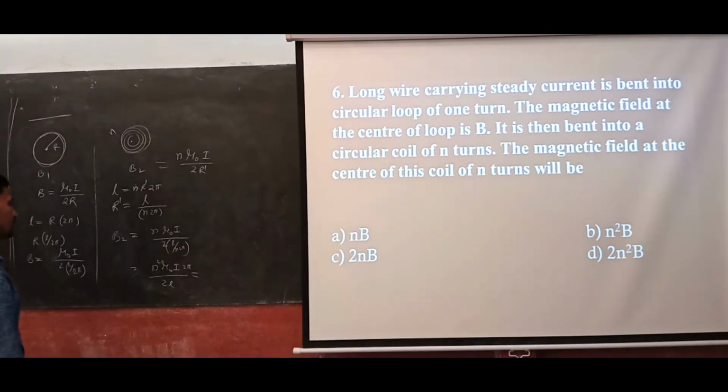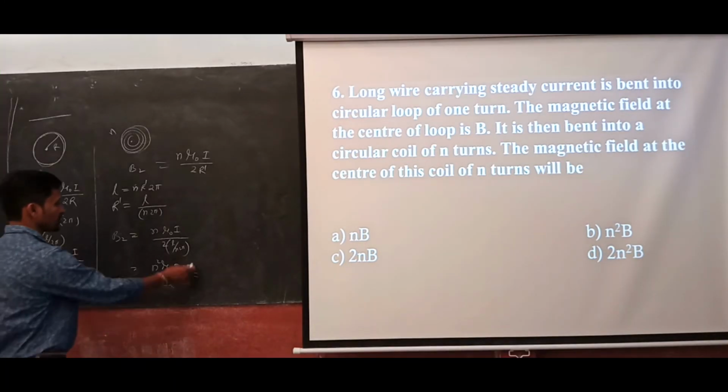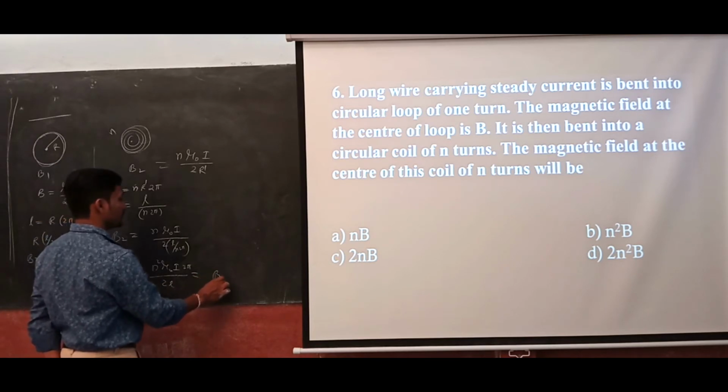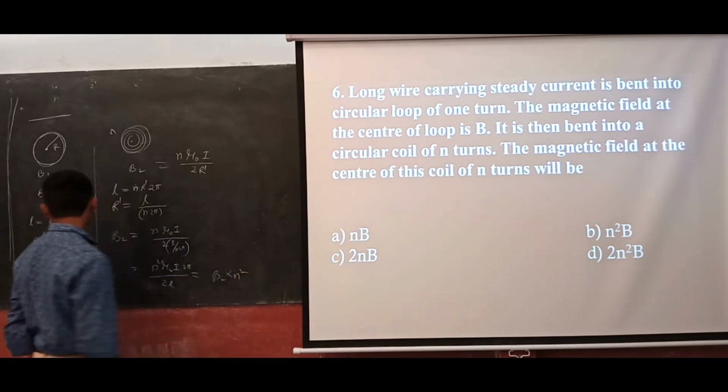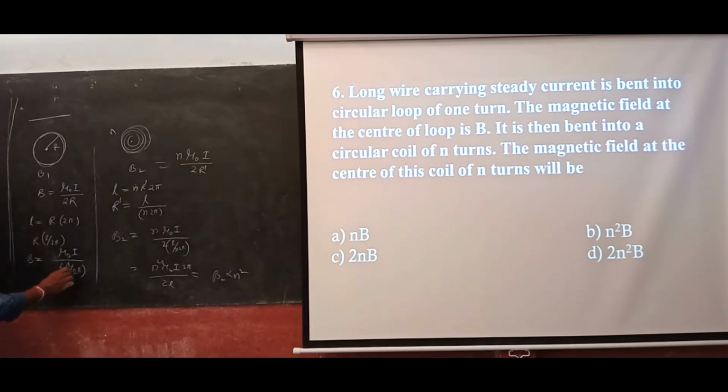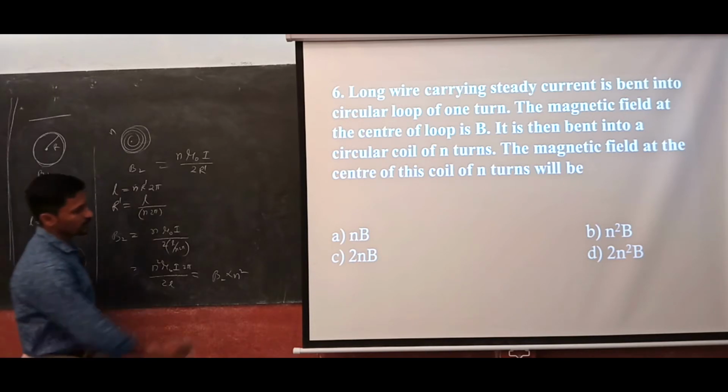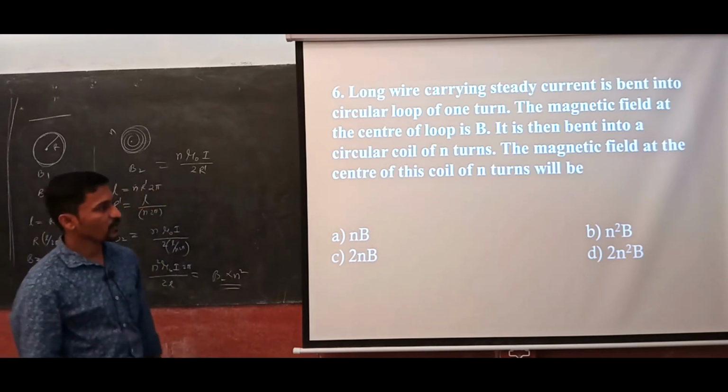So everything is constant, and B2 is directly proportional to n square into B.